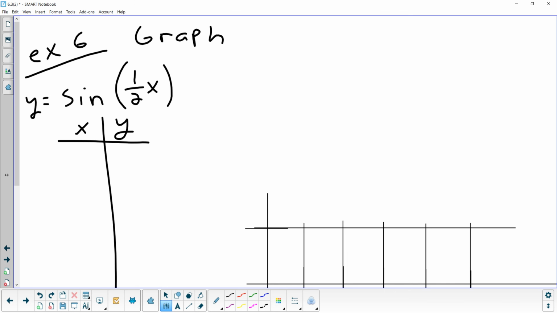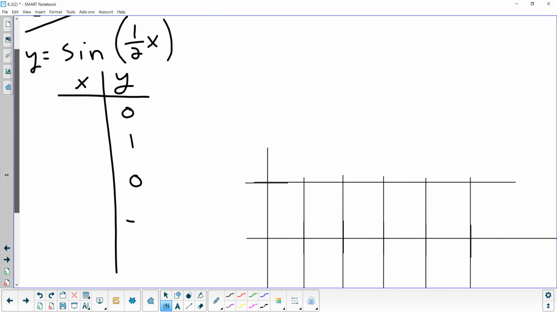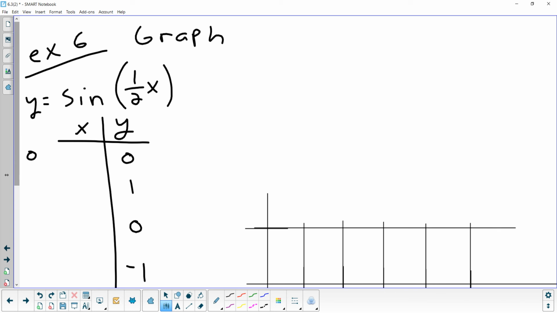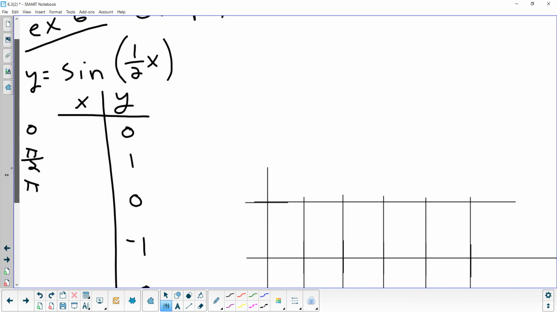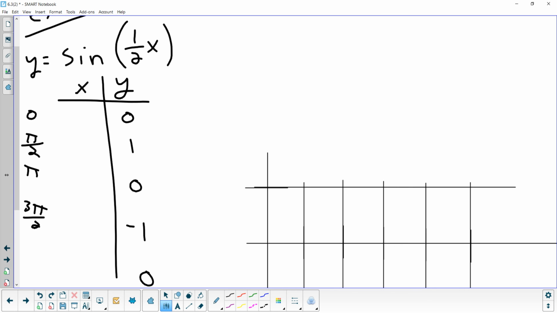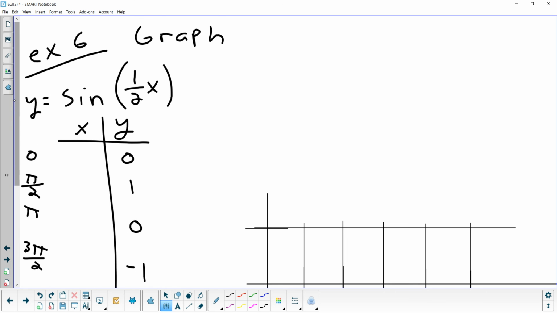The y's. 0, 1, 0, -1, and 0. Let's put down the original x's. 0, pi over 2, pi, 3 pi over 2, and 2 pi. What am I supposed to do to all my original x values? Yep, I'm supposed to divide by b, which means divide by 1/2.